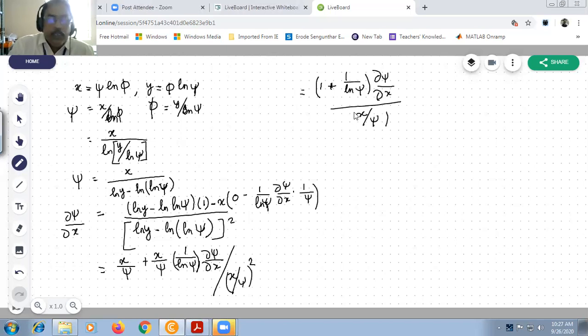This x by psi gets cancelled, right? Okay, so x by psi, you can take it to that side.